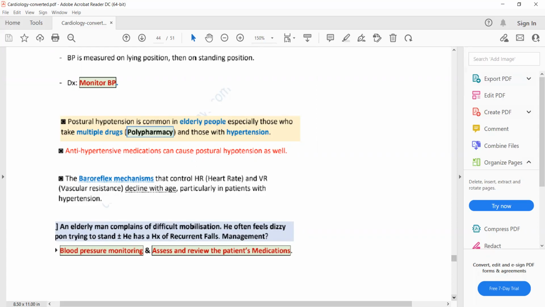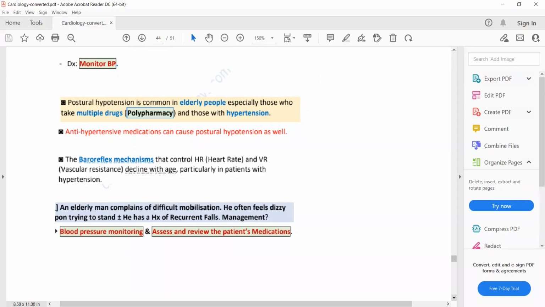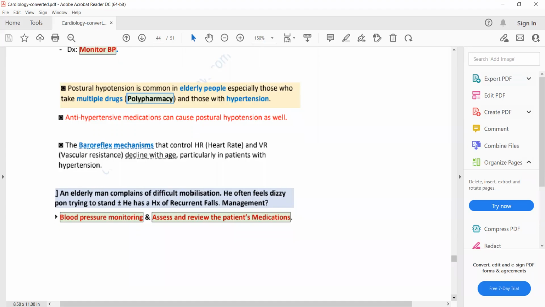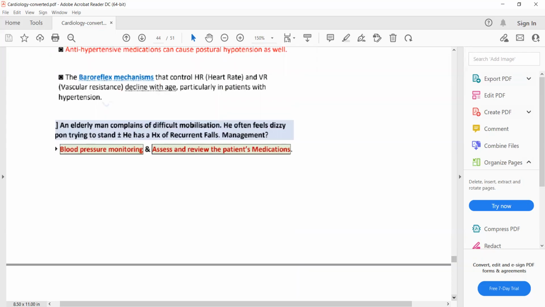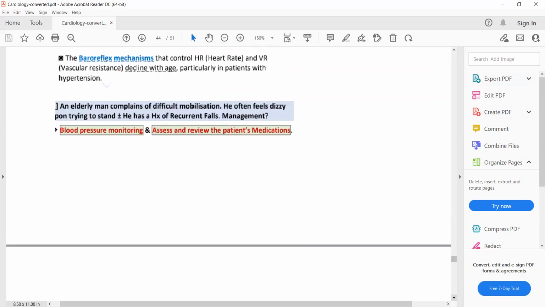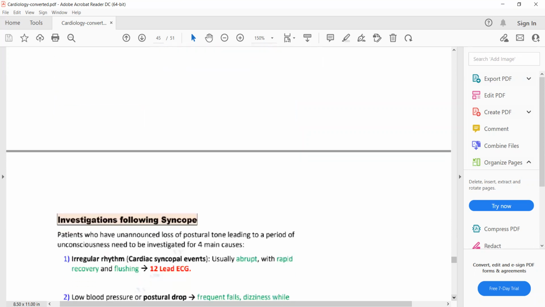So an elderly man with a history of taking multiple drugs, you will suspect postural hypotension. What is the management of postural hypotension? Blood pressure monitoring and review the patient's medication.